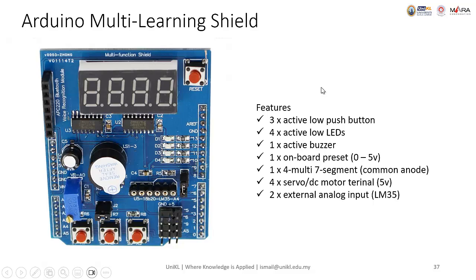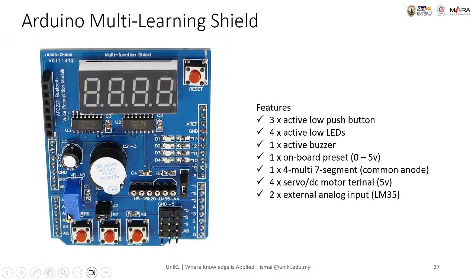Another example is the Arduino multi-learning shield that I use extensively in the class. It has 3 active low push buttons, 4 active low LEDs, 1 active buzzer, and 1 on-board preset from 0 to 5 volt. So be careful when you are working with it.